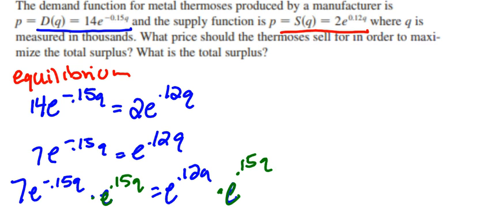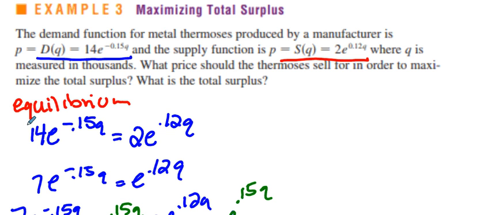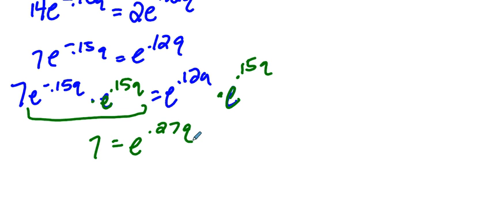And the reason that I did that is because now these guys go away. Because remember, when your bases are the same, you add the exponents. My base is e. If I add the exponents, I get 0. And e to the 0 is 1. So this side is just 7. And then this side is e to the, add those exponents together, 0.27 Q.